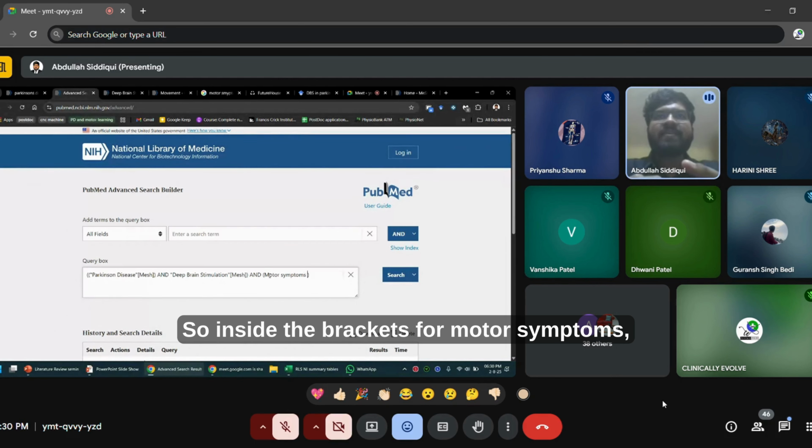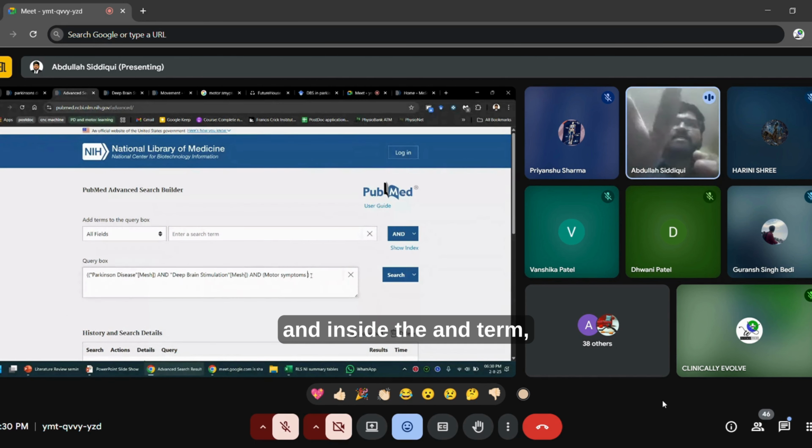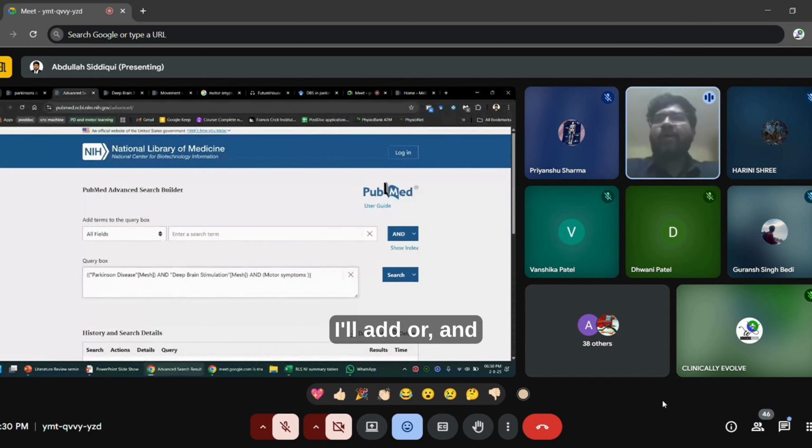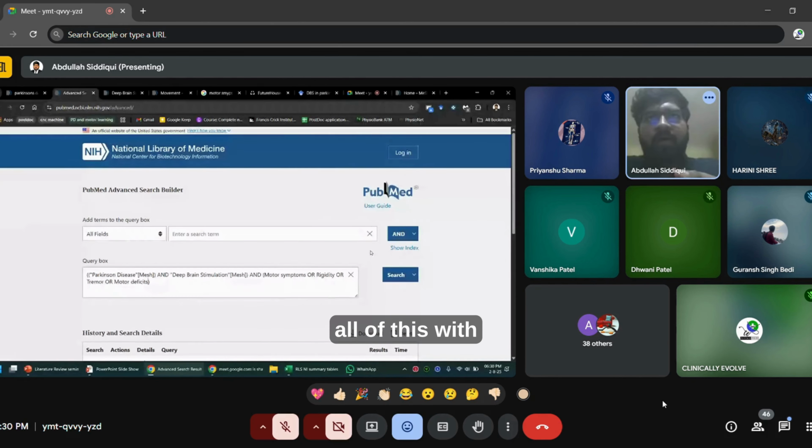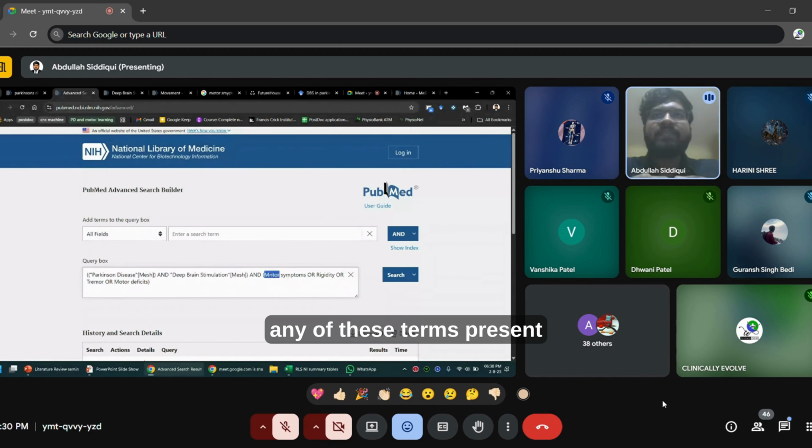Inside the brackets for motor symptoms and inside the AND term, I'll add OR and then add rigidity or tremor or motor deficit. So now I am searching for all of this with any of these terms present in them.